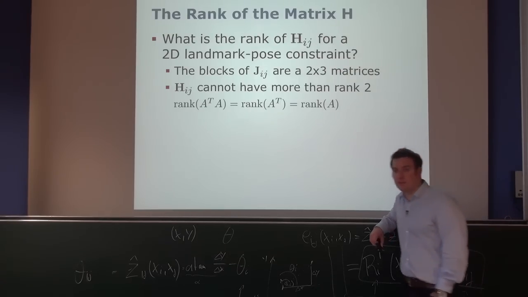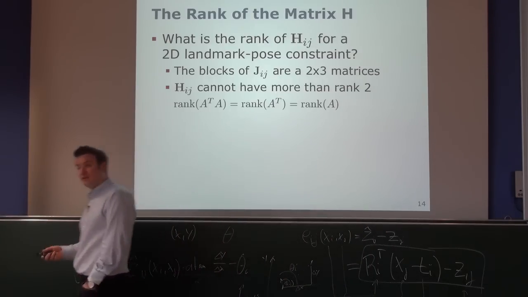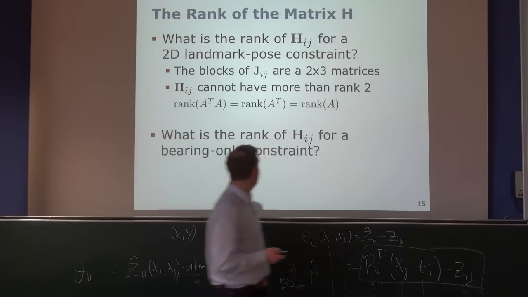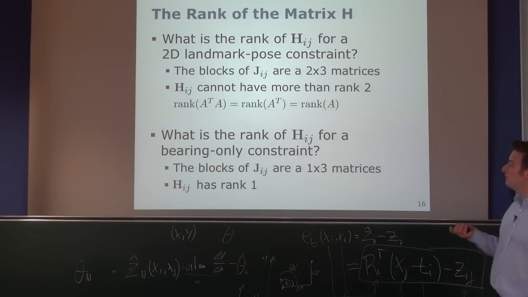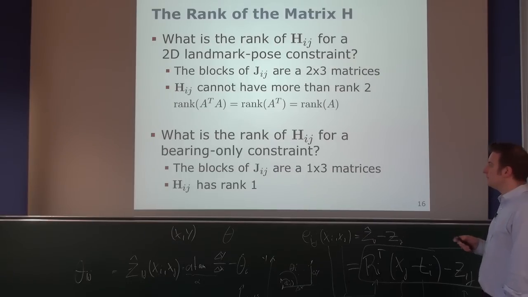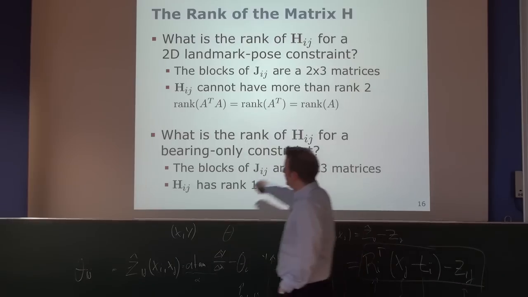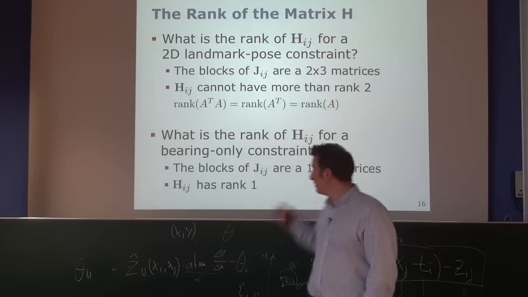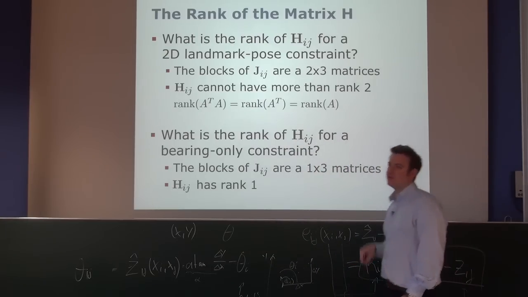Exactly, it's a 1 by 3 matrix. So if you have a 1 by 3 matrix transposed times a 1 by 3 matrix, what's the maximum rank that this matrix can have? 1. Exactly. So in the bearing only case, we have that Hij has maximum rank 1. These are two important things. So with one observation, one dimension maximum over here and 2 dimensions over there.